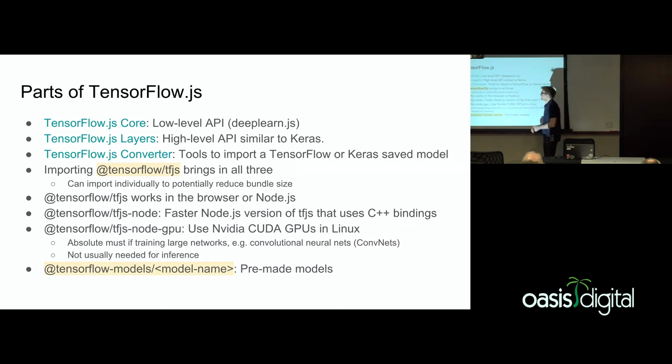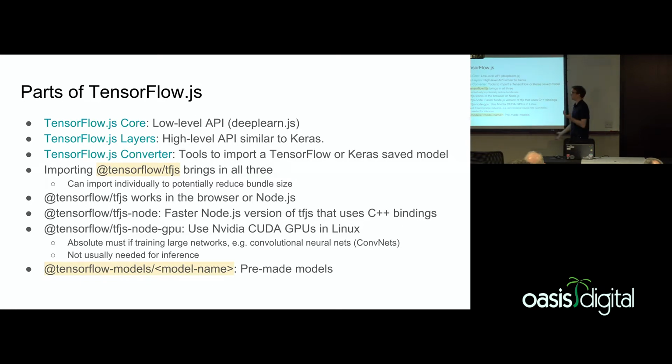The different parts of TensorFlow.js: there's the core part. This is the low-level API, which came from Deeplearn.js. This is essentially the same functionality as TensorFlow proper, the Python version. There's a TensorFlow.js layers package, and this is their API that's similar to Keras.